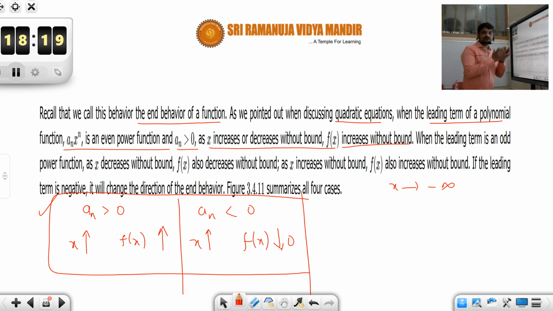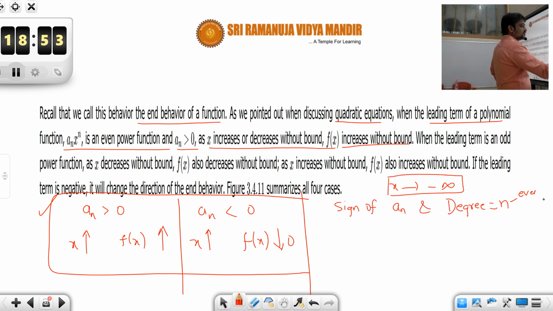But for x tending to minus infinity, you need to concentrate on two things: one is the sign of an, and the other is the degree n. Whether it is even or not. Depending on these two characteristics, the behavior of the graph when x tends to minus infinity is determined.